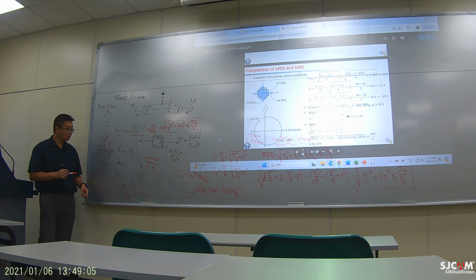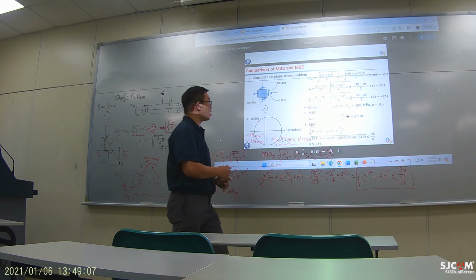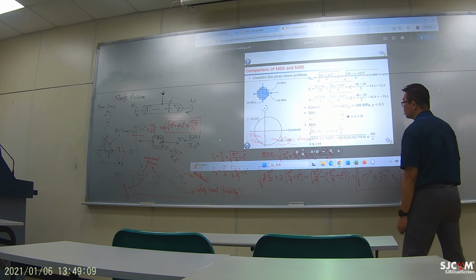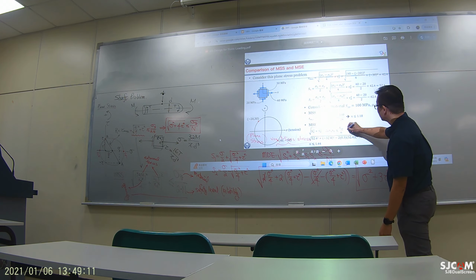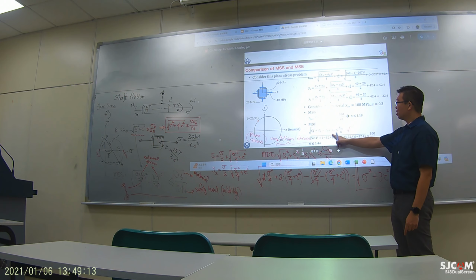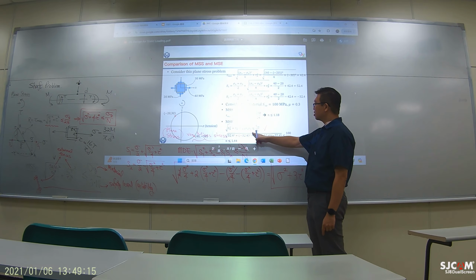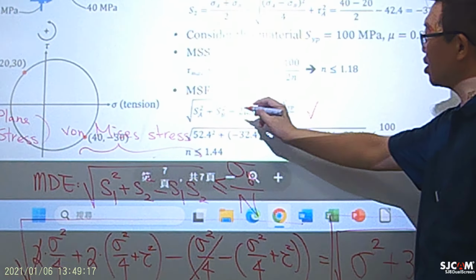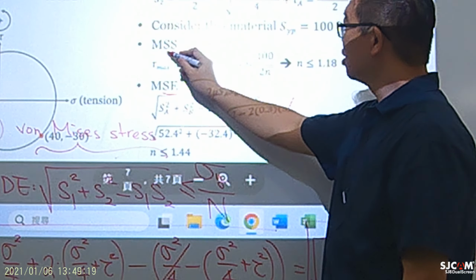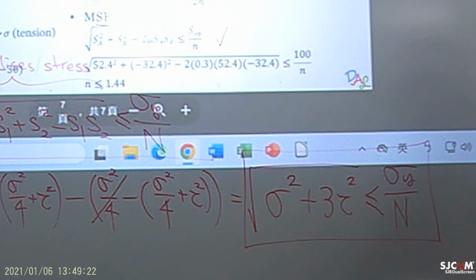Okay, so we do have design equations like these. Like this one is the maximum strain energy model. This is a shear stress model.